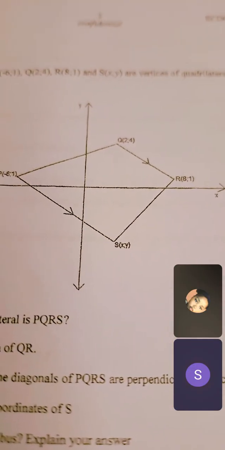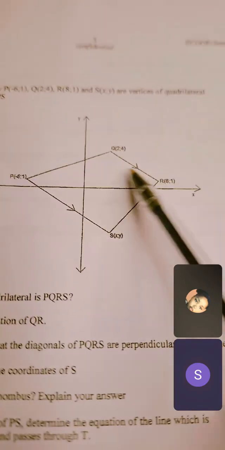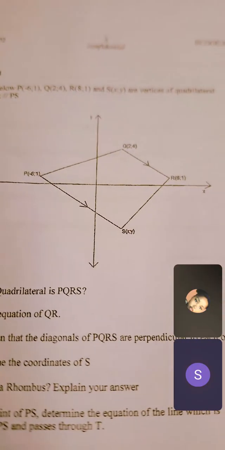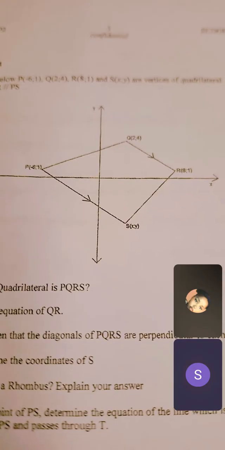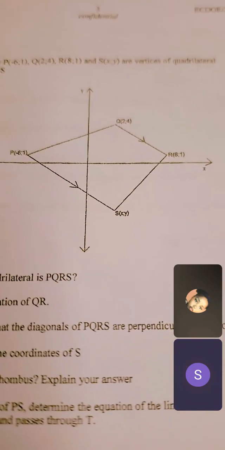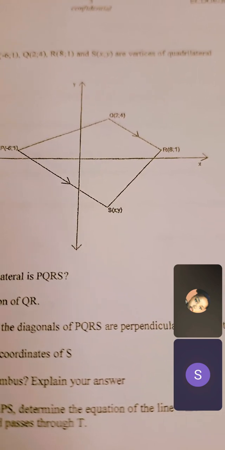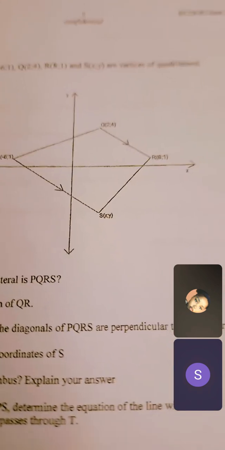So Asenati, are you ready to answer this question? What type of quadrilateral is PQRS on the basis of the information given? It's a rhombus. Why are you saying it's a rhombus? Because the opposite sides are parallel.